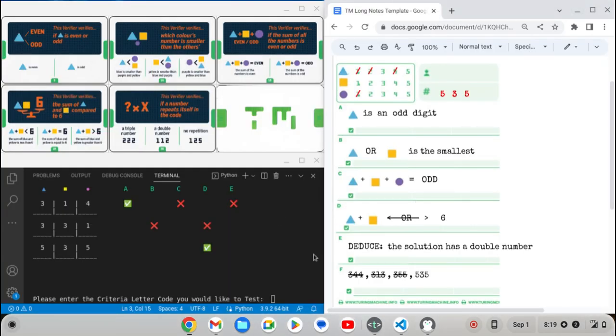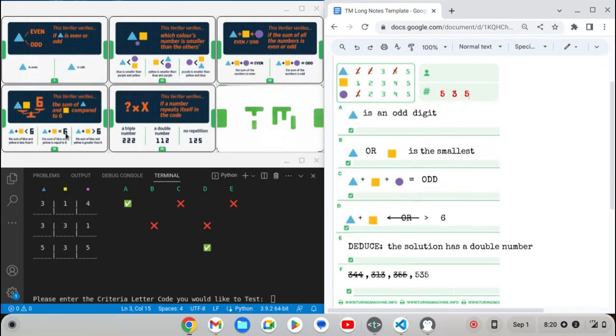So the tricky part is probably criteria cards B, C, and D all have 3 different possibilities, so less likelihood of luck, in essence.